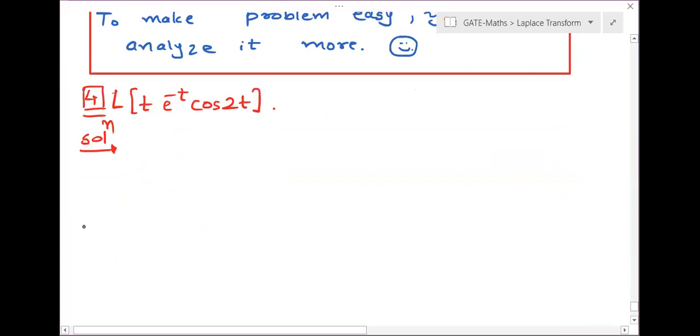But here the question is what you should apply first, so that it will be convenient to you. Should you apply multiplication by t first, or should you apply first shifting property first? Just think a little bit and answer in chat box.